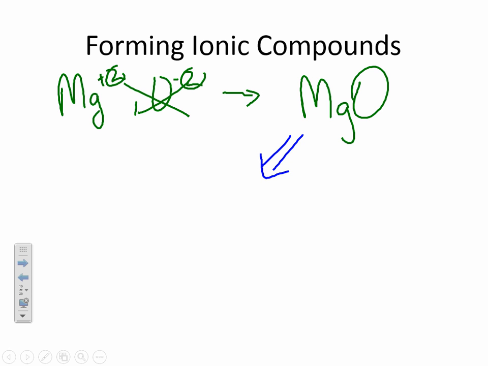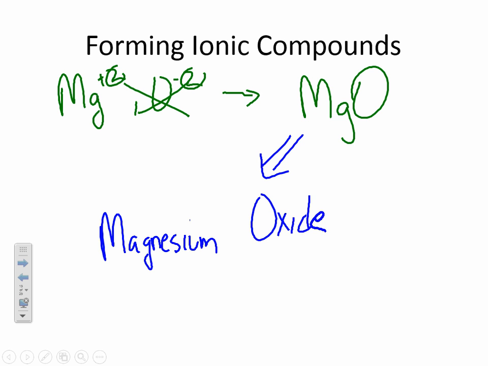Mg. Remember, you're always naming the positive the way it is. So Mg is magnesium. I'm just going to write magnesium. Next, the negative, which in this case is oxygen, always changes to "ide." So oxygen would become oxide. How about that, huh? Pretty neat deal, isn't it? Magnesium oxide.